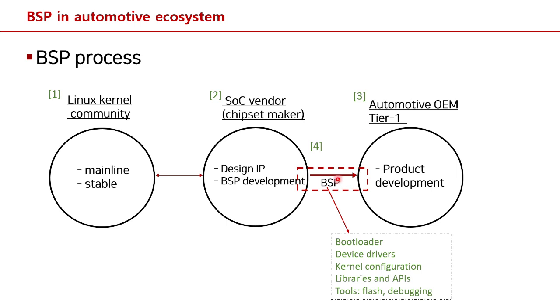After the BSP is delivered to the automotive OEM, the automotive OEM or the tier 1 companies will develop their own system to meet the requirements of the telematics system.